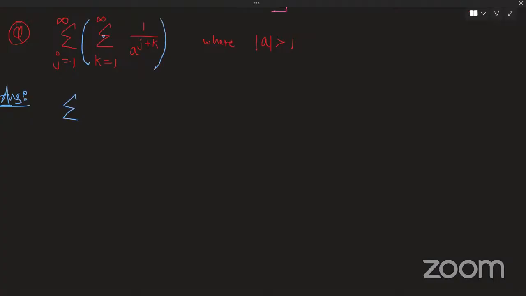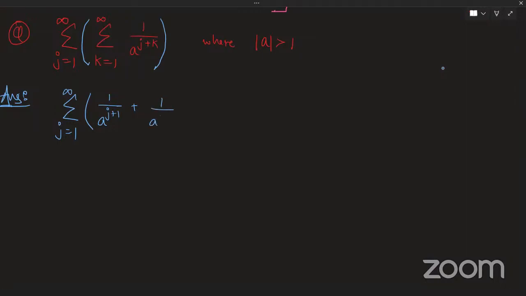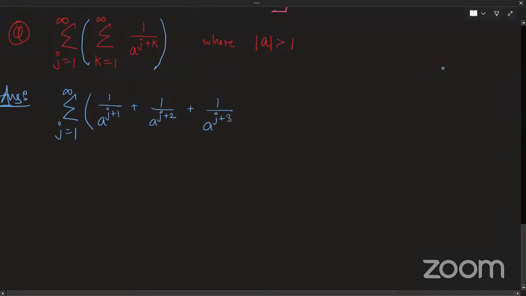So this thing is basically sigma j going from 1 till infinity. Can you tell me what the inside series is? Sigma k equals 1 to infinity of 1 by a raised to j plus k. That is 1 by a raised to j plus 1, plus 1 by a raised to j plus 2, plus 1 by a raised to j plus 3, and so on.